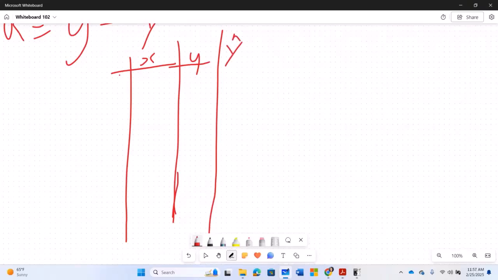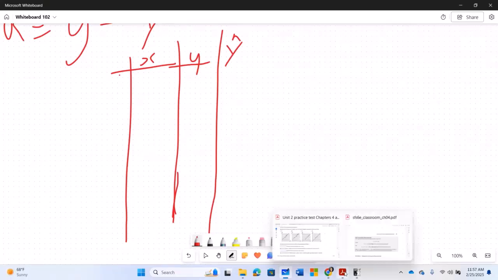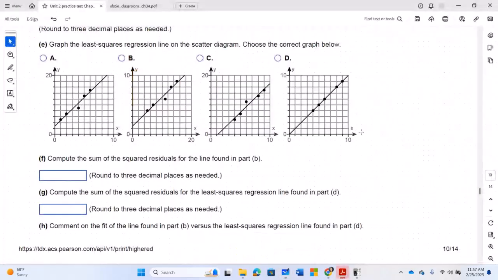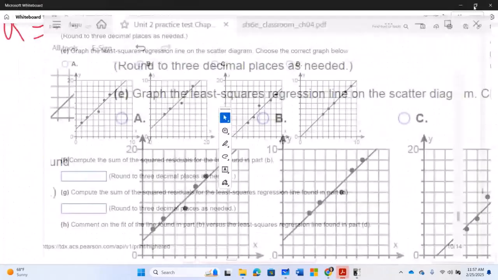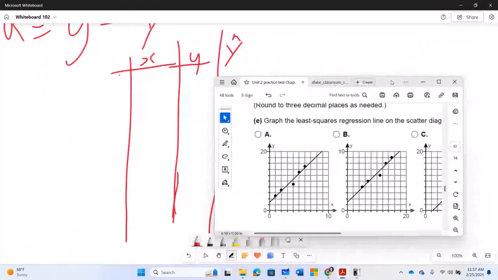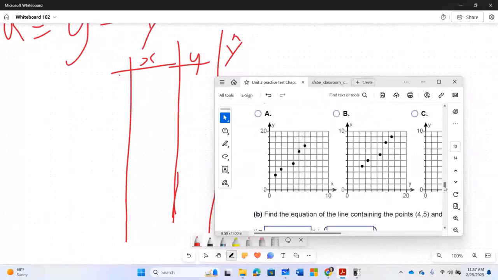And what are the values of x? I am going to pull up the question, minimize it, so I can fill in the table.